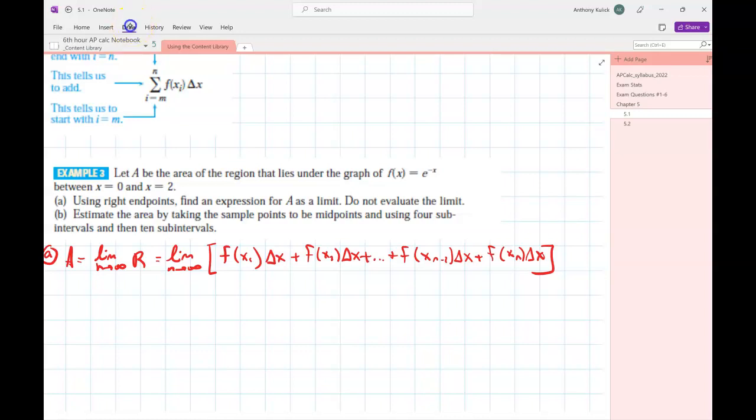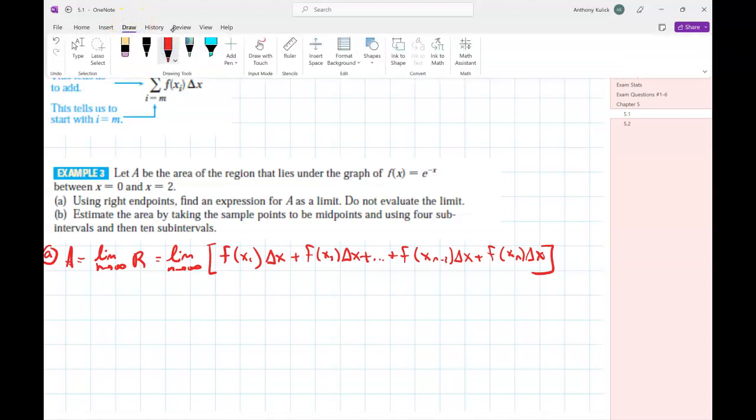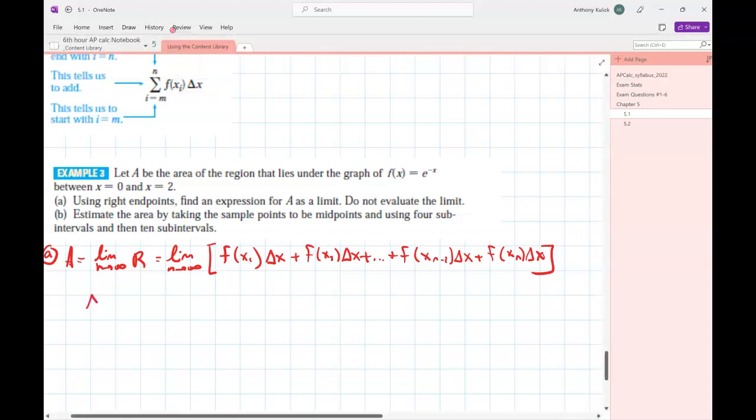Now that's a little bit better, but again, I still don't have this in terms of just n. I have these x's all over the place. So I know delta x is this formula, so that's just going to be 2 over n.